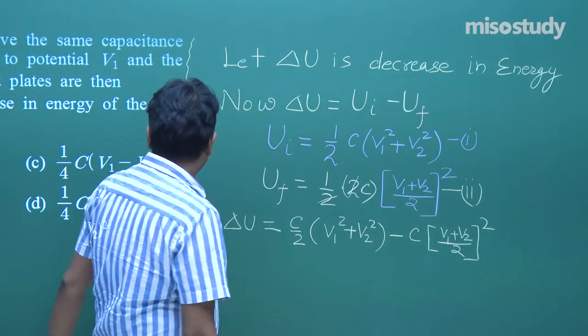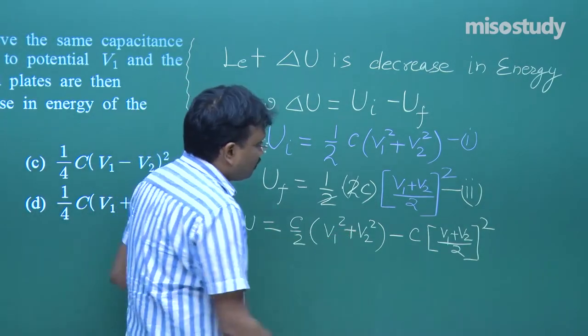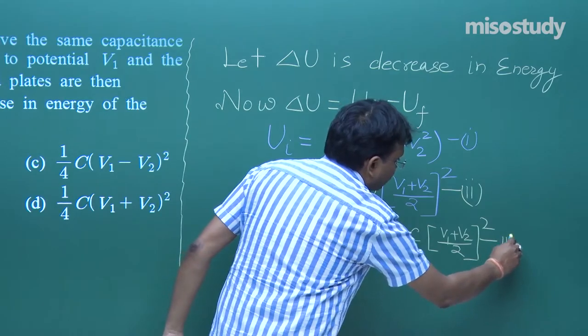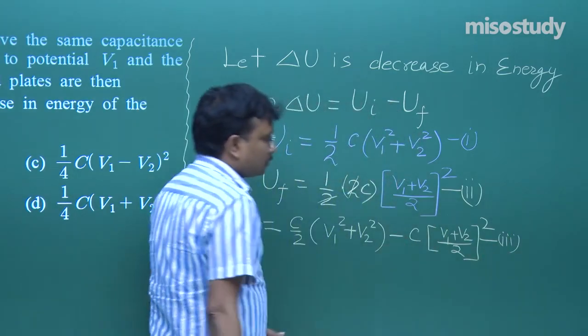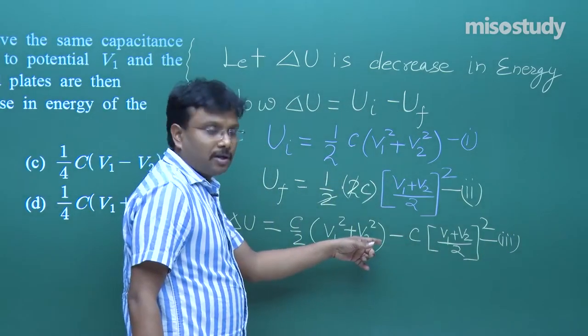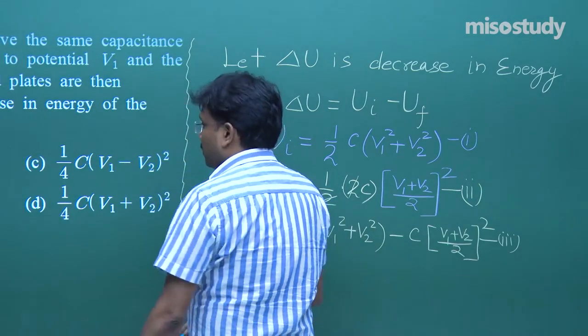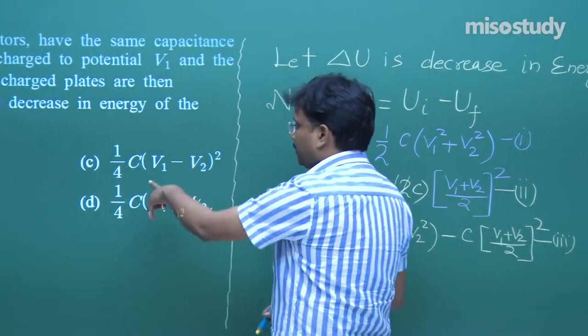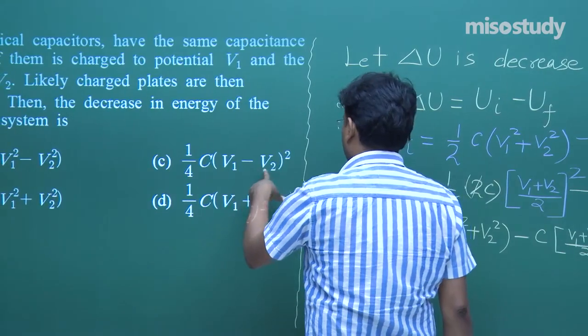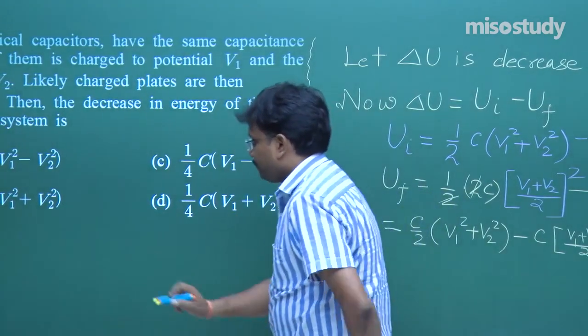What I will mention over here, that after solving this equation number, let us say 3, what will happen, that C is your answer, that is 1 by 4 C (V1 minus V2) whole square.